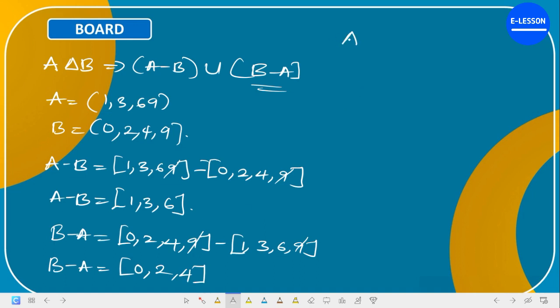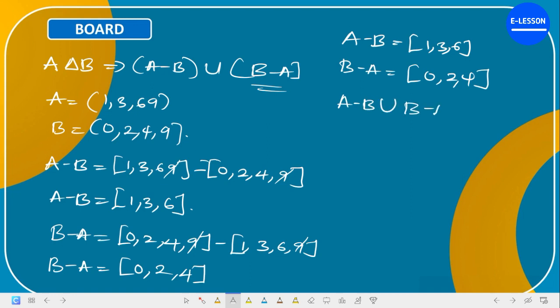So we say our A minus B is 1, 3, and 6. And B minus A is 0, 2, and 4. So the union of A minus B, union B minus A, will be equals to, write everything here without repetition. So this becomes 0, 1, 2, 3, 4, and what? 6.